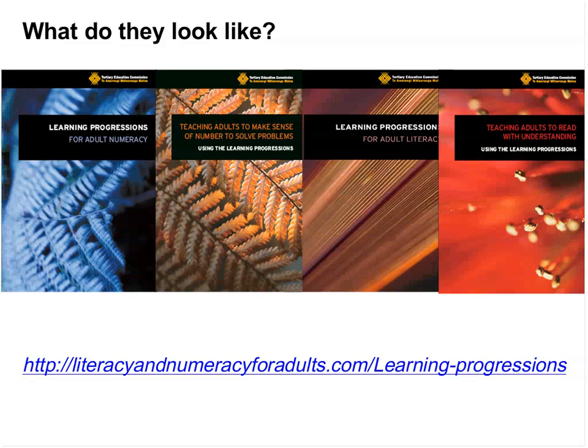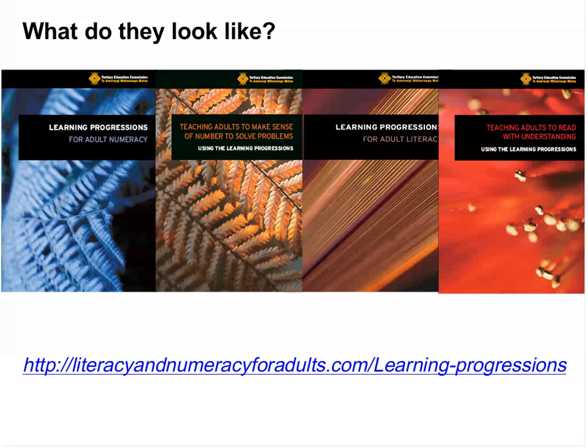There is a background to the learning progressions book, and there is another one called Starting Points, which is for learners at the pre-reading and writing learning progressions. They can be all found and downloaded and ordered at that particular website there, which is the National Centre of Literacy and Numeracy for Adults website, and it's under the tab of Learning Progression.